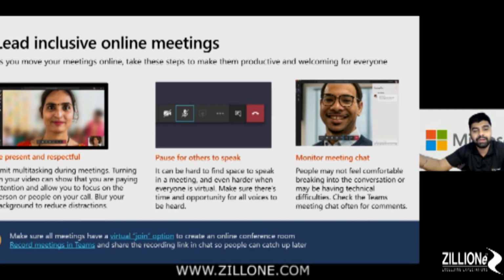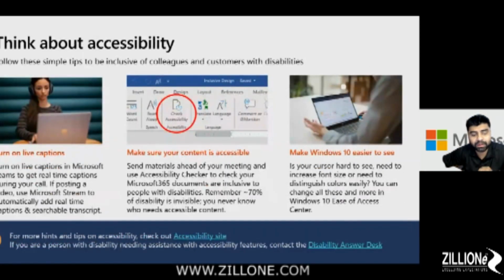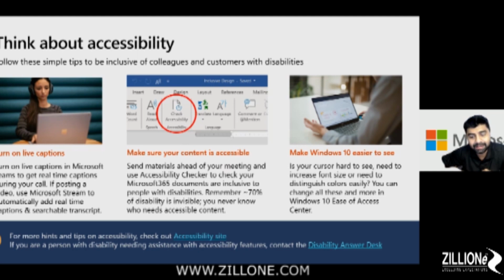How can you leverage any device, whether it's your phone, your web browser, or your Teams client, to participate in a meeting and get the same experience across all the devices? And then, of course, talking about accessibility. In this scenario as well, if we can turn on live captions and make sure that our content is accessible for everyone, this makes sure that our reachability as a team, as an organization, is across all horizons.